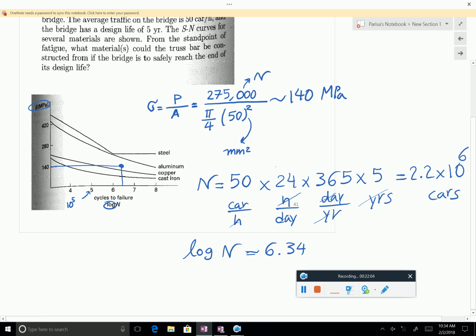The cast iron will fail at much lower stresses, and copper slightly lower. So they cannot tolerate so many repetitions of the cars. The two good materials are steel and aluminum. So this was a multiple choice question, kind of. I thought it's a fun question to look at.